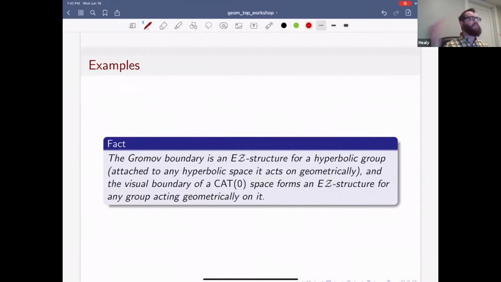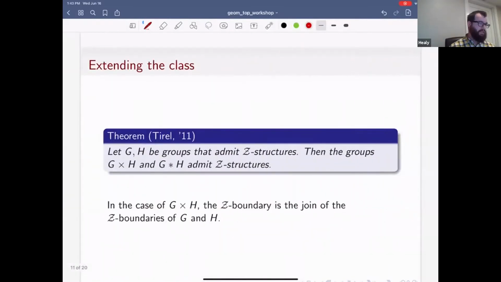So we have some building blocks for these group boundaries, right? CAT(0) groups, hyperbolic groups. Okay, that gives us a nice base to start from, but it begs the question, what else can we do? How can we enlarge this class of groups for which we can give them a boundary in some sensible way?